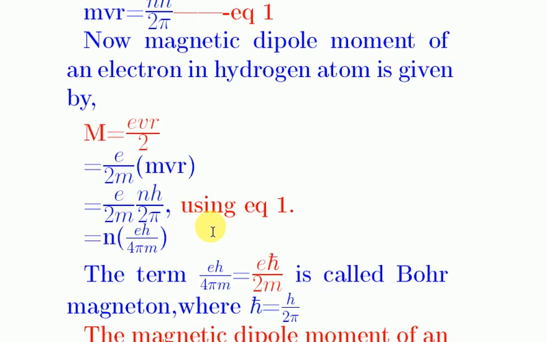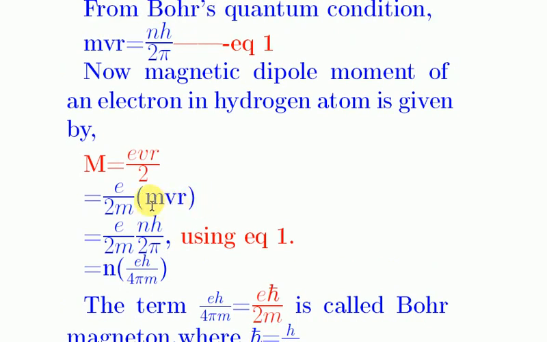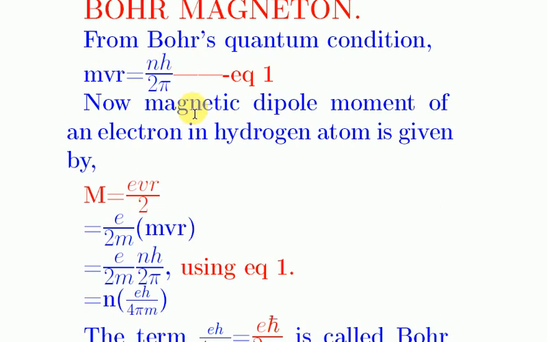Now, if we multiply m in the numerator and denominator of the right side of this equation, then we can write e by 2m times mvr. In the next step, in place of mvr we can write nh by 2 pi, because according to Bohr's quantum condition, using equation 1, mvr equal to nh by 2 pi.